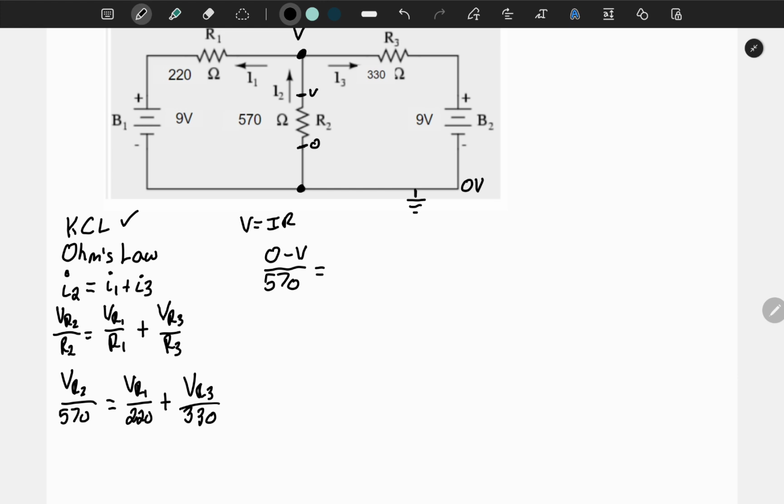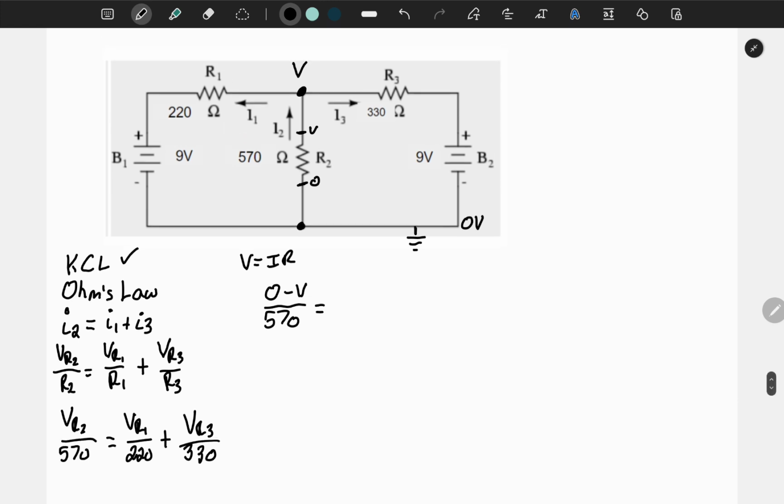The voltage across resistor 1 starts here, ends here. The voltage on this side is just 9 volts because it's connected directly to a battery. And the voltage here is just V. It's connected to that node. So it starts at V and it ends at 9.